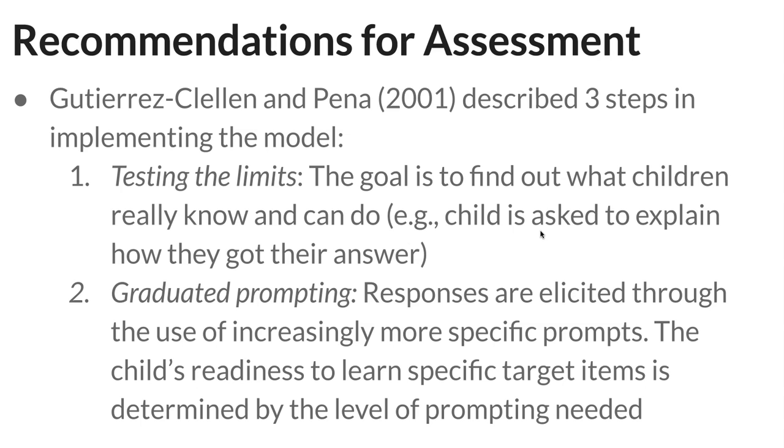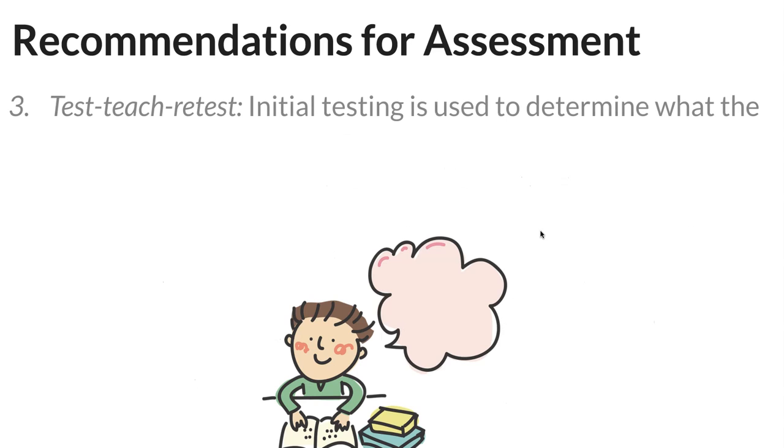The child's readiness to learn specific target items is determined by the level of prompting needed, right? So how much prompting and support does a child need to complete a task? Right? The more help they need, obviously, we're reaching sort of the limit of what they're able to do.